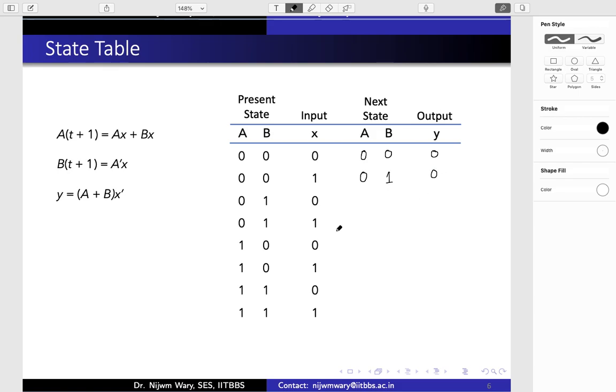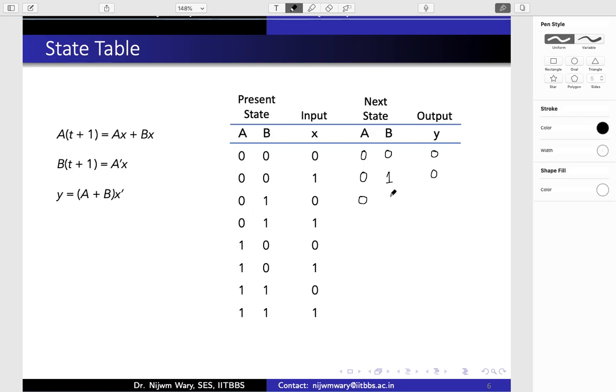Now if we go to the next one, in this case it is 0 1 0. Because X is 0, definitely the A of the next state will be 0, and B also will be 0 because X is 0 here.